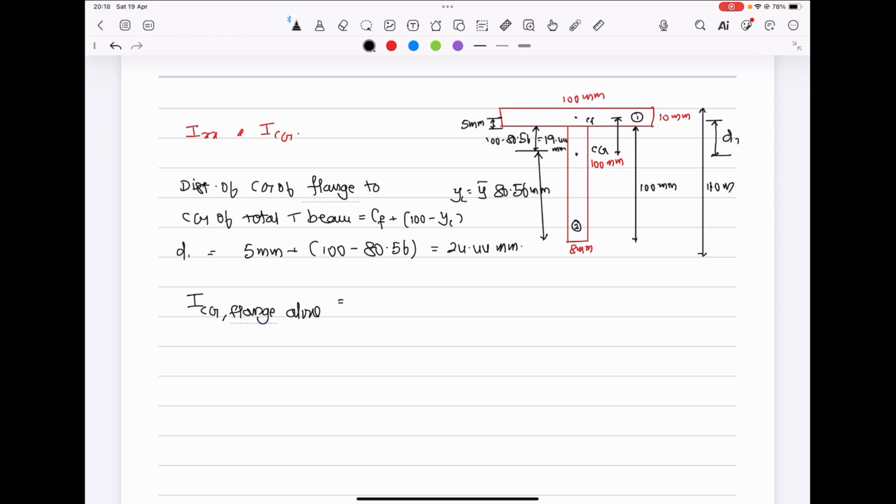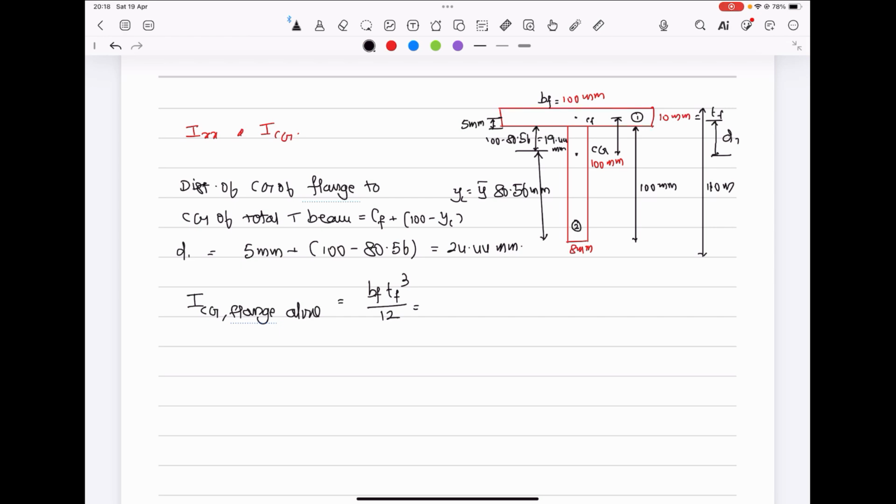What is the breadth of the flange? This is BF, this is TF. BF into TF cube divided by 12. You see the derivation for this formula in my previous lecture.